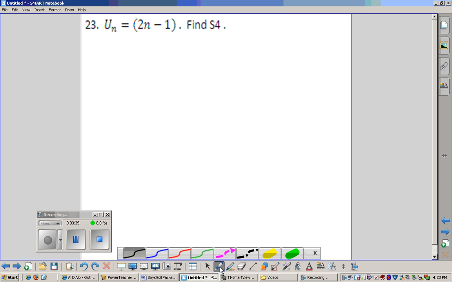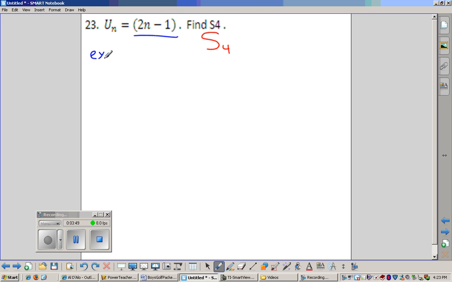The next one is also wanting you to find the sum, but it's written in different notation. It's S sub 4. Sum up the first 4 terms. Now this little equation doesn't have any exponents. I think it's probably not a geometric sequence, so it's probably arithmetic. So this is the partial sum of an arithmetic sequence.